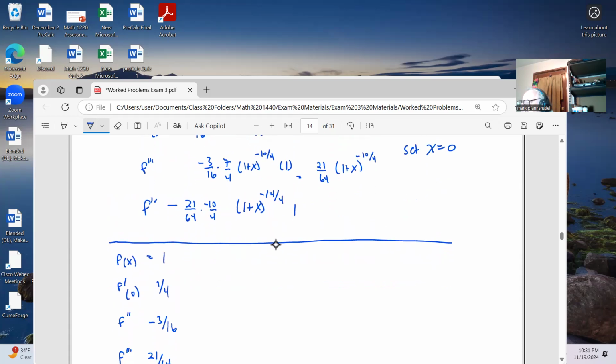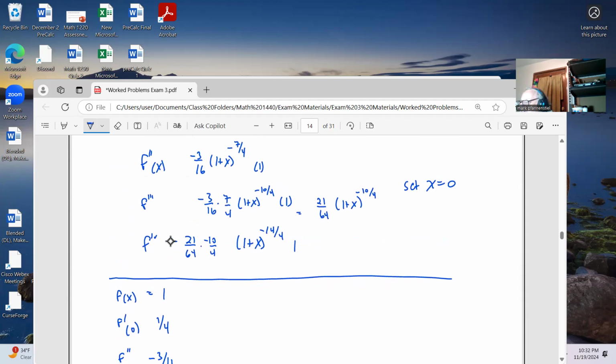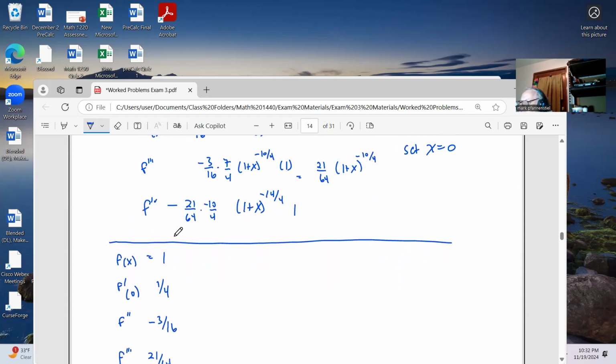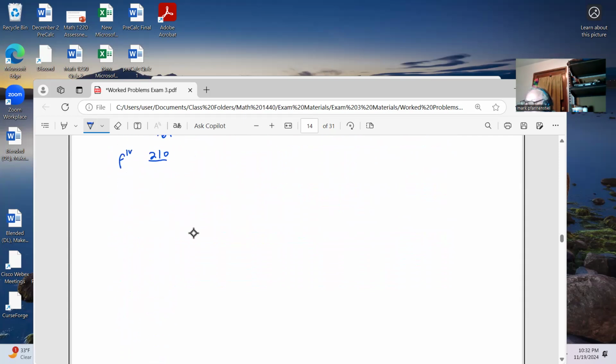Okay, and then finally we ended up with a 210 divided by 16 times 4, which I believe, actually, I'm not going to believe, let's check that out. 16 times 4 is going to be 64. So the fourth derivative is going to be 210 divided by 64 times 4. I got that as 256. Okay.